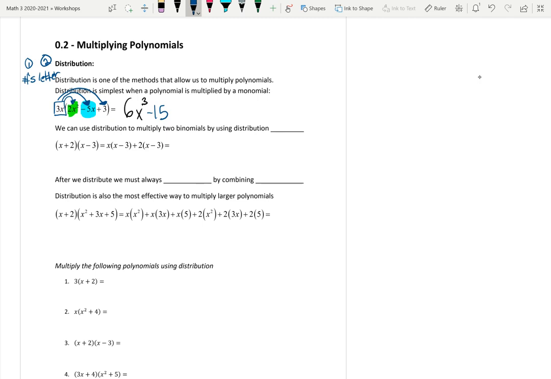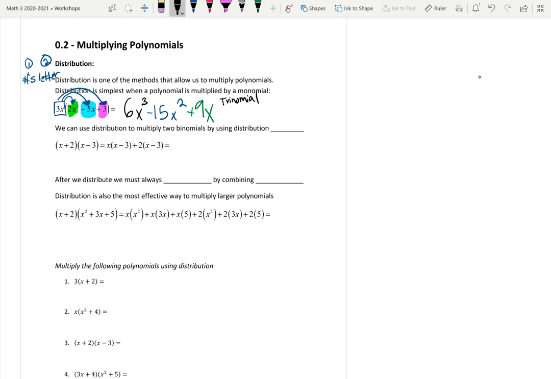Now, how many x's? x and x make 2. And then finally, I repeat this process one more time, and I multiply 3x by 3, which is just going to be 9, and then x. Voila, we have a trinomial because there are 3 terms in this math sentence.